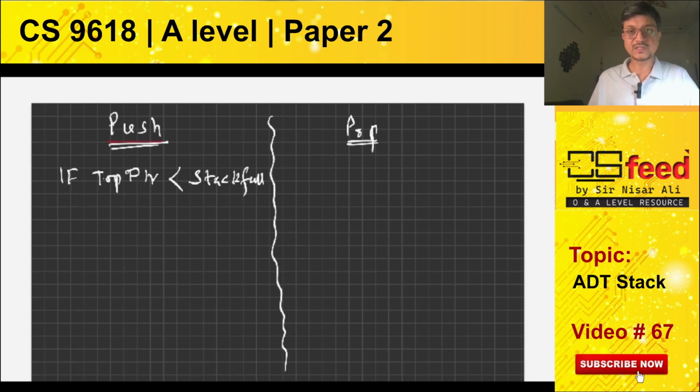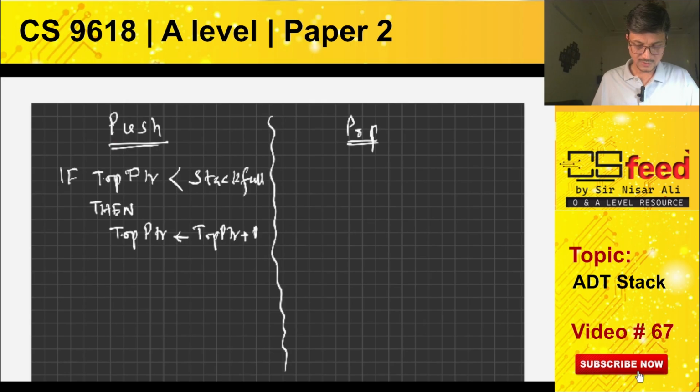So if the top pointer is less than the stack full, only then we are incrementing the top pointer. All right. We will first increment the top pointer. Top pointer is top pointer + 1, and then we will add the item at that place.